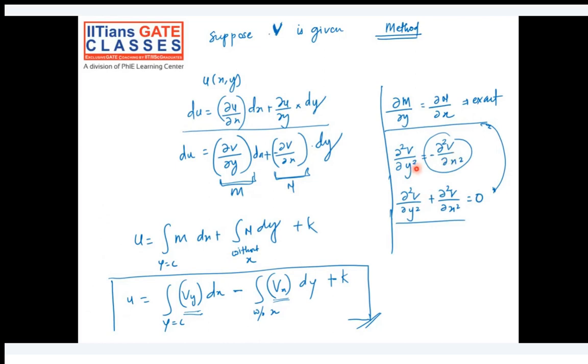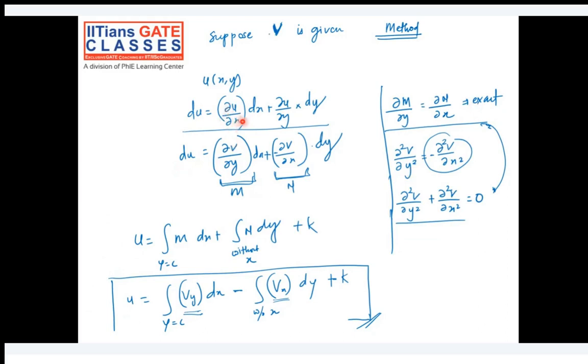We can write it like this. And we also know one basic rule here. Look at this example, how it is looking. Du is dou u by dou x.